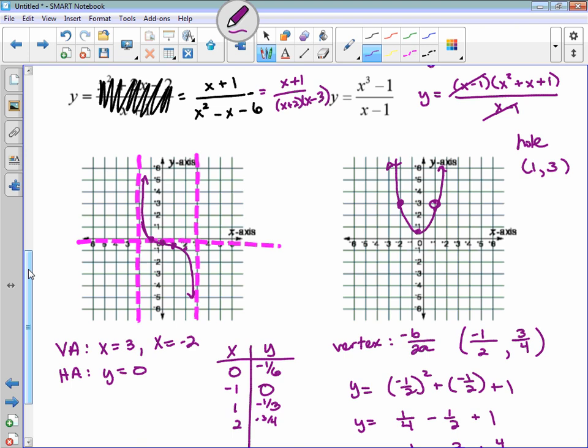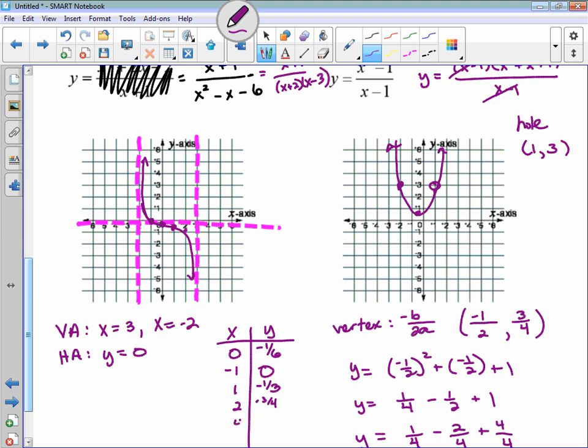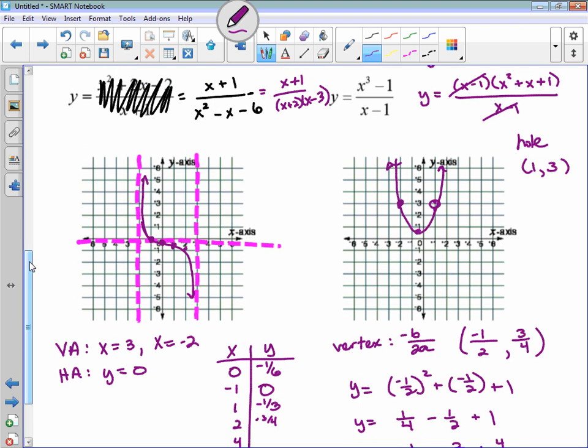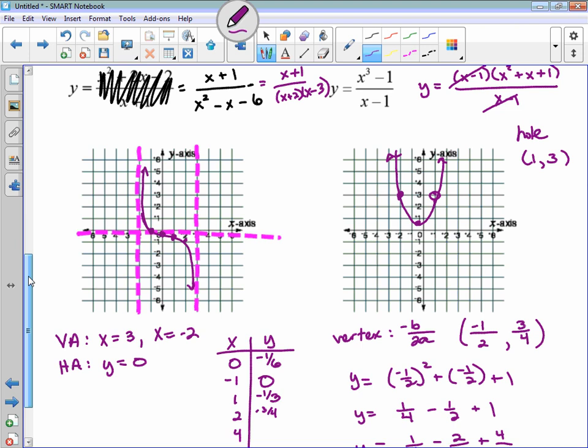I still have 2 more sections of the graph to do. If I want to do what's either up here or down here, what x value should I plug in? What's out there? 6 is, what else? 4, 5, yeah. I'm going to plug in 4 just because it's smaller. So 4 plus 1 is 5 over 6. That's going to be just above, almost to 1.